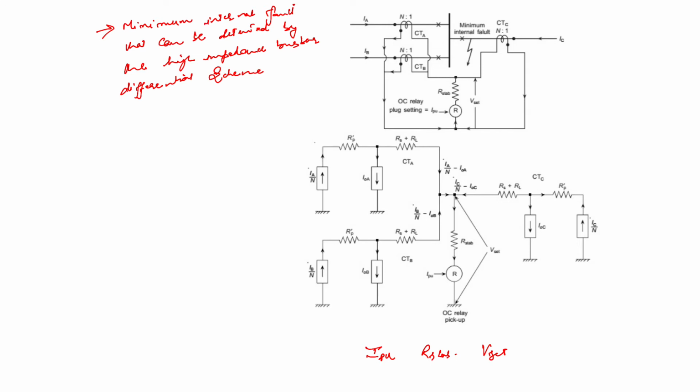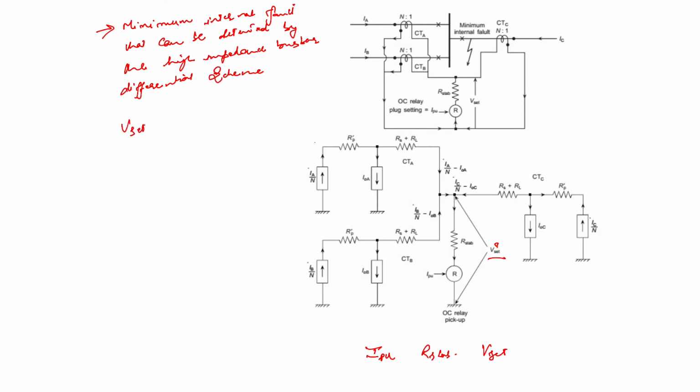The equation for V set is IF minimum secondary into R stabilizing.